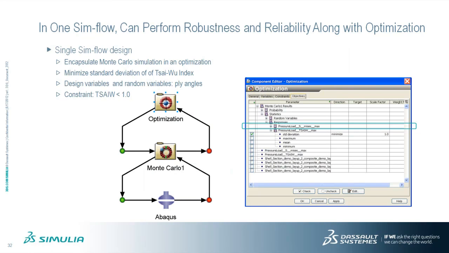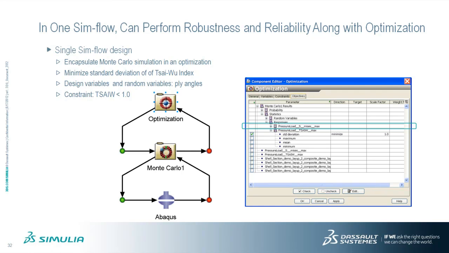So our optimization is going to drive a Monte Carlo simulation, which looks at the variabilities, and that is part of that optimization loop. With iSight, you can have multiple nested loops. In this case, we just have two loops going on. Some of our customers have up to, I've seen, 20 different nested loops as part of an iSight sim flow.